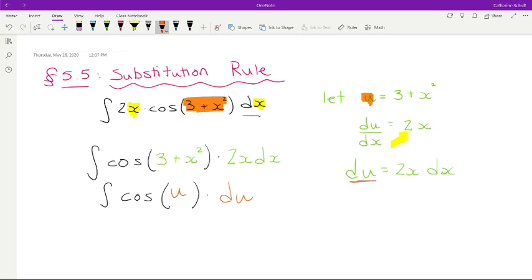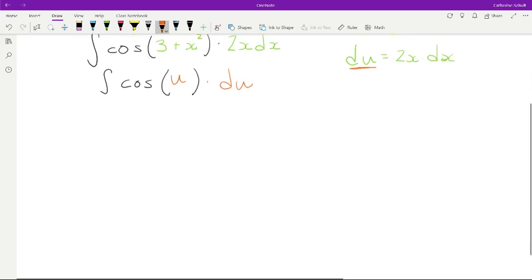And so now actually we can find the integral of the cosine of u du. Okay? What's the antiderivative of cosine? It's sine. And we're just going to focus on the indefinite integral for now. So when it's an indefinite integral, what do we have to add? Plus c. Okay?